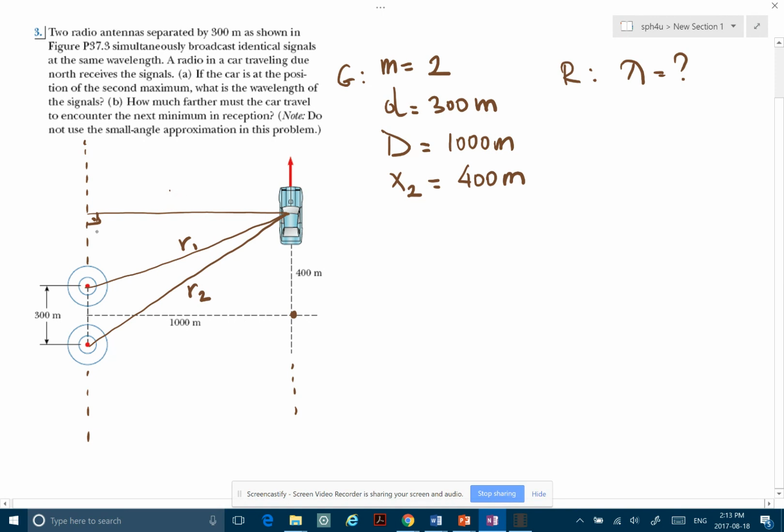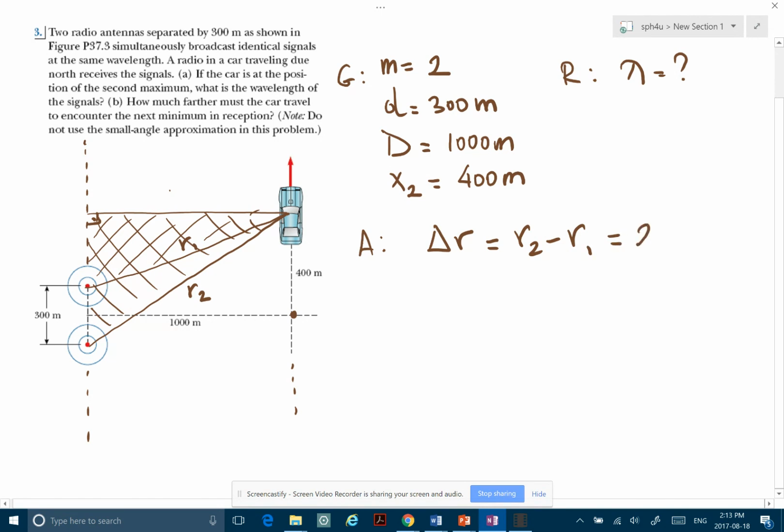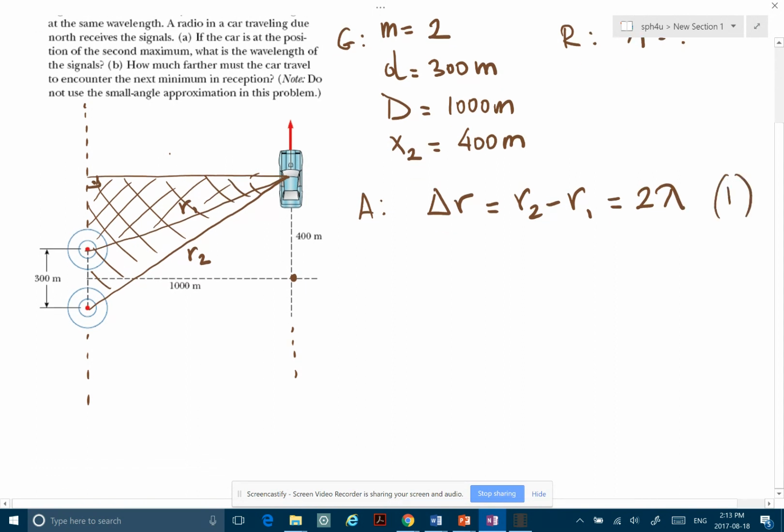We have two triangles, this one here to work with, and this one here to work with. Okay. So remember what we need. We need to find what delta R is, which is very simple. It's R2 minus R1. However, it is given that this is twice the lambda, since it's the second maxima. All right, so that's the equation we have to start.